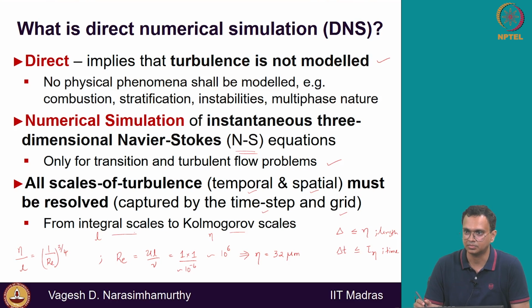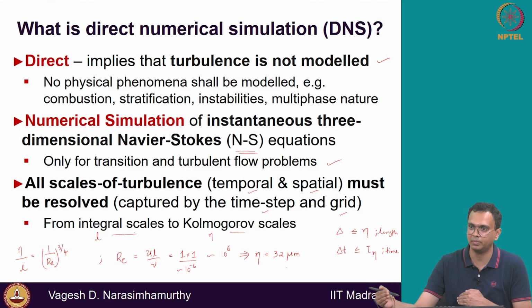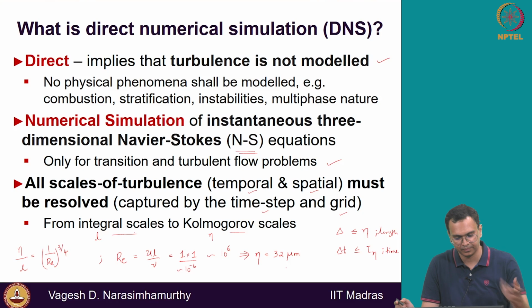And if it's 1 meter, that means this is the delta, so 1 divided by this. So you need to mesh like this. If you do an equidistant mesh, each cell will have approximately this size, up to 1 meter in one direction, and in the other two directions. If the length of your pipe is very long, you will have many such grids. So you can see a lot of grid points are required.